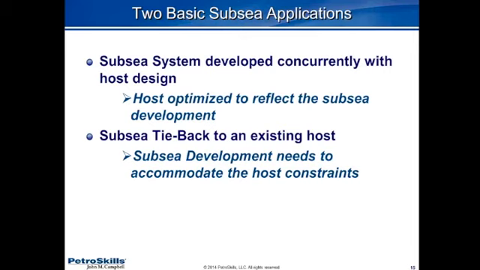So subsea systems can generally be classified into two groups. One group is characterized by a complete system development that includes the host, which will provide the processing for the oil and gas, as well as provide a place for people to live and work in order to operate the subsea system.